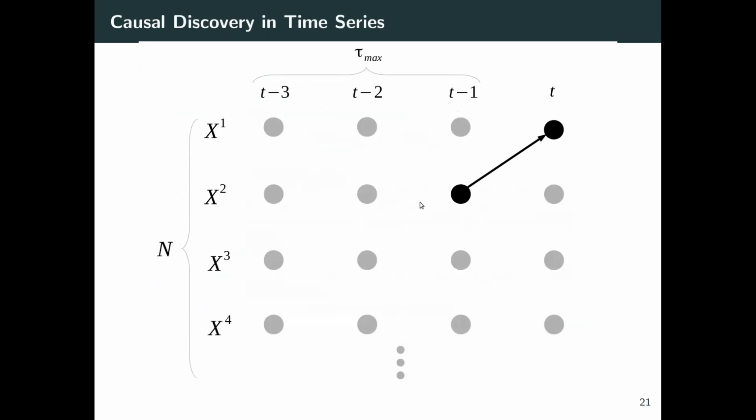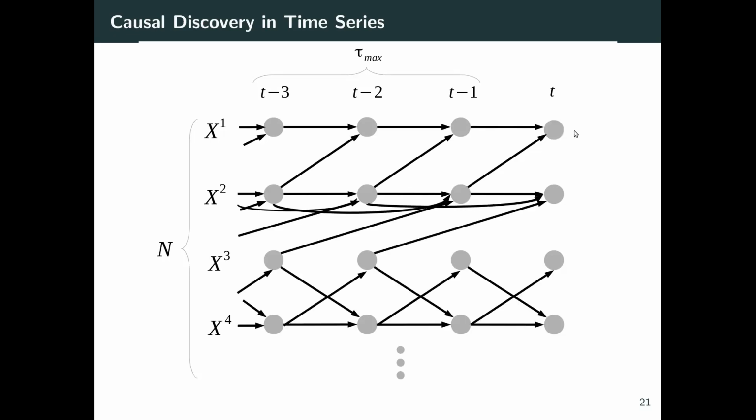And the representation here is slightly changed from before. Before there was one node per variable, and now for representing the time-resolved relationships, we would include each variable at different instances of time. And now, assuming stationarity, whenever you have a link for this pair, you would also have a link for this pair in the past. So in this way, you can represent arbitrary relations among variables at different time lags.